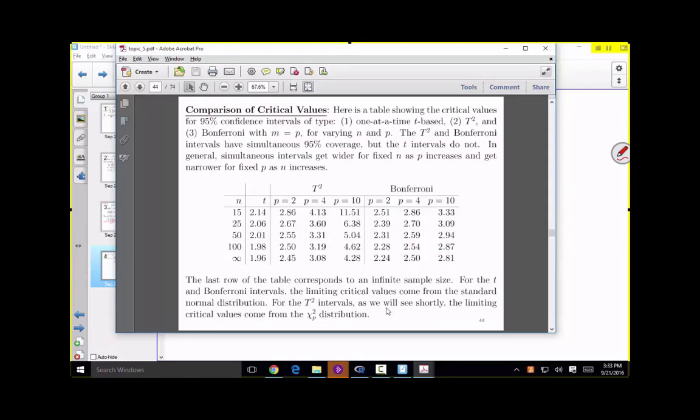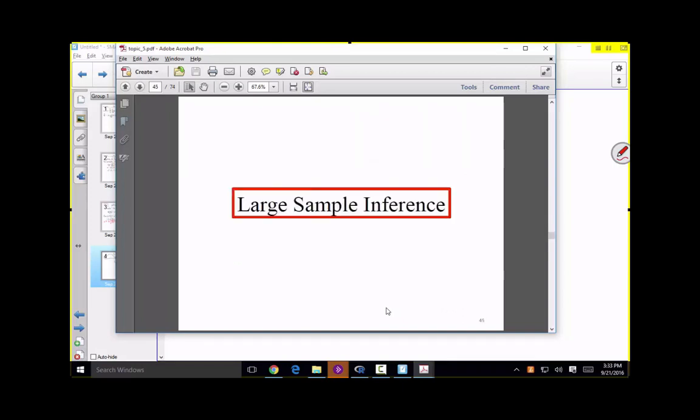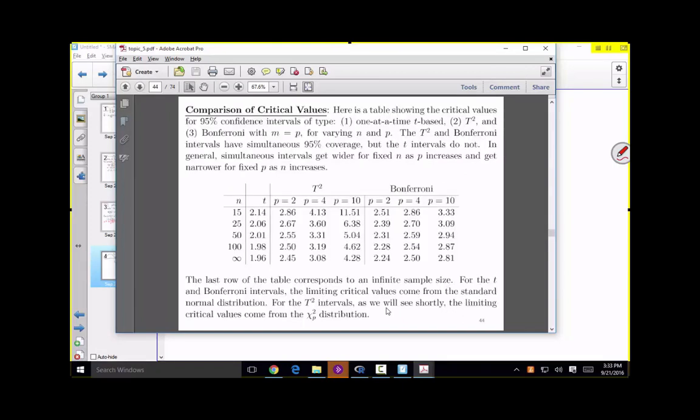I'll just briefly show you this slide. Critical values. Well, the point of this slide is that the univariate t-based intervals are incorrect.